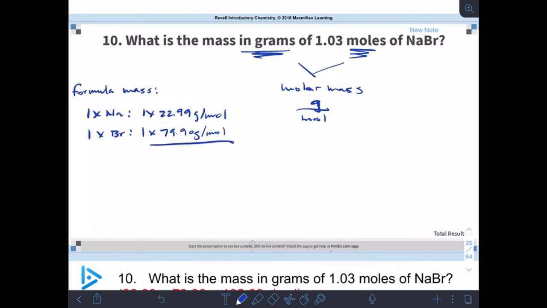So I can just add those directly because I'm not multiplying. We come out to be 102.89 grams per mole for sodium bromide.